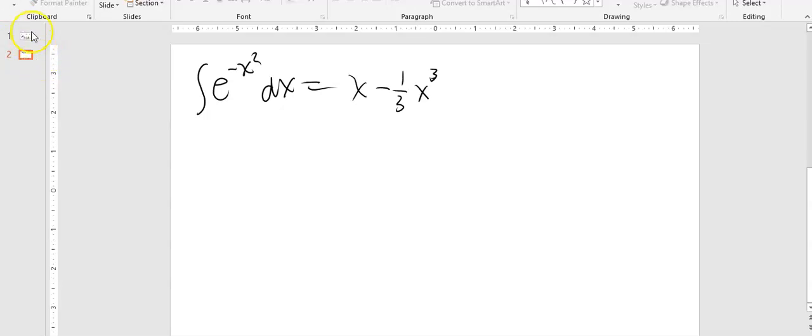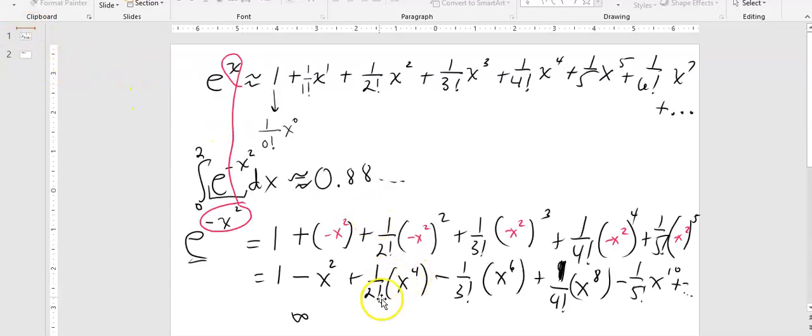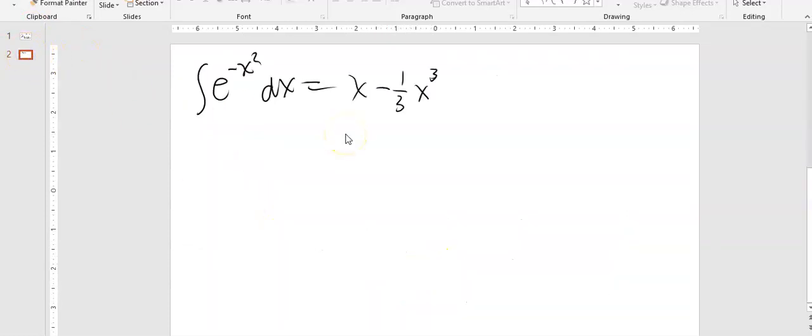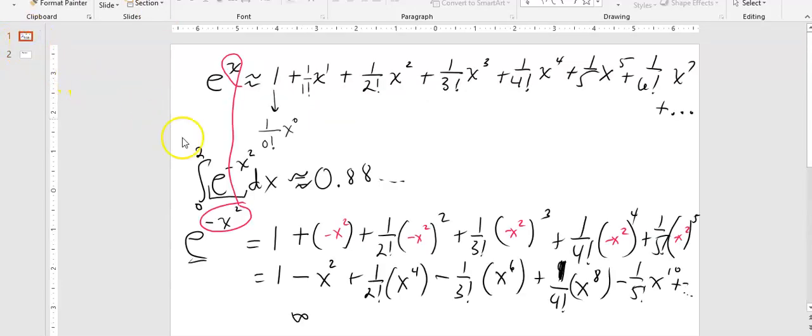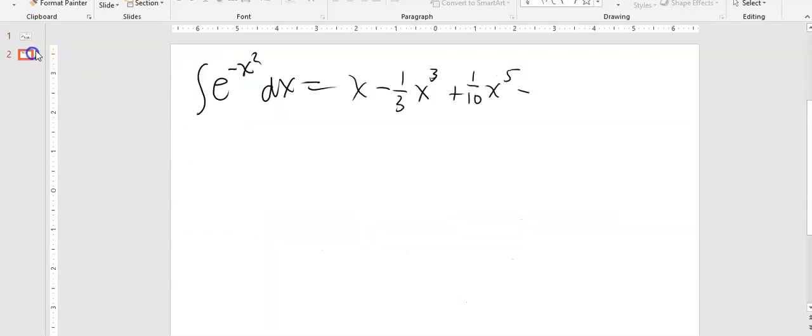And then let me just do a couple more and then I'll stop here. The next one was 1/2 x to the 4th. And the integral of 1/2 x to the 4th, let's see, it's going to be x to the 5th for sure. Got to kill the 5, so a 1/5 times the 1/2 that was there, so it's going to be 1/10 x to the 5th. Let's just do one more term. We had 1/3 factorial x to the 6th.